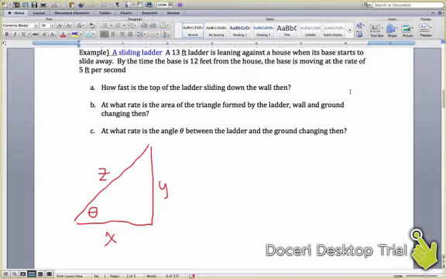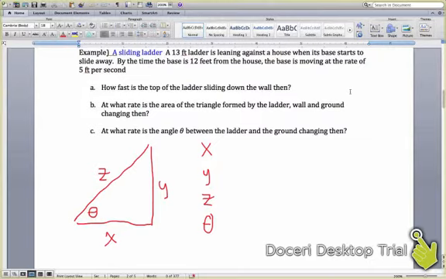Now I'm going to go ahead and list them. Variables that I have. I have 4 different variables. These are my 4 different variables. I'm going to go ahead and list each variable's rate of change with respect to time.